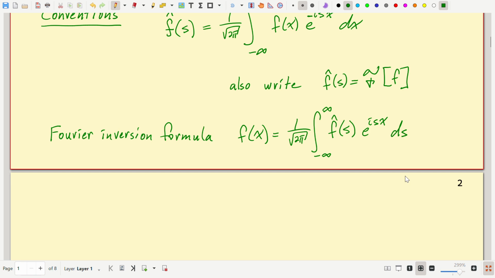So you undo the Fourier transform by doing the same thing except with a plus i instead of a minus i. And that symmetry makes this the preferred notation.